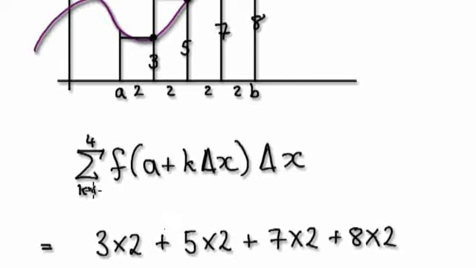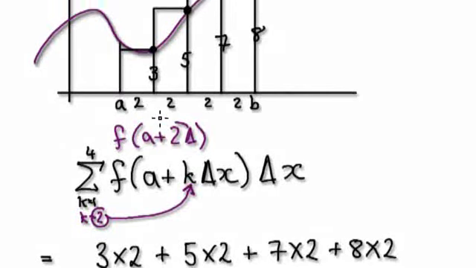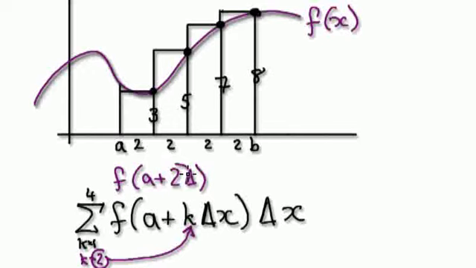And then when you increase this to 2, put the 2 into the k here, then it becomes f of a plus 2 delta x. When you put a plus 2 delta x into the function, in this case it will give you 5.